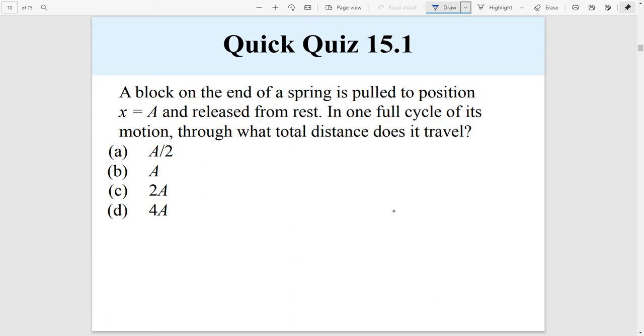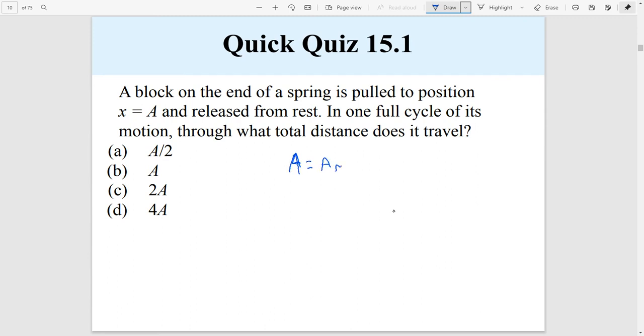So, quick quiz here. Let's say a block on the end of a spring is pulled to some amplitude A, and it's released from rest. In one full cycle of motion, how far does it travel? When we talk about being pulled to position A, that always stands for the amplitude of the oscillation.